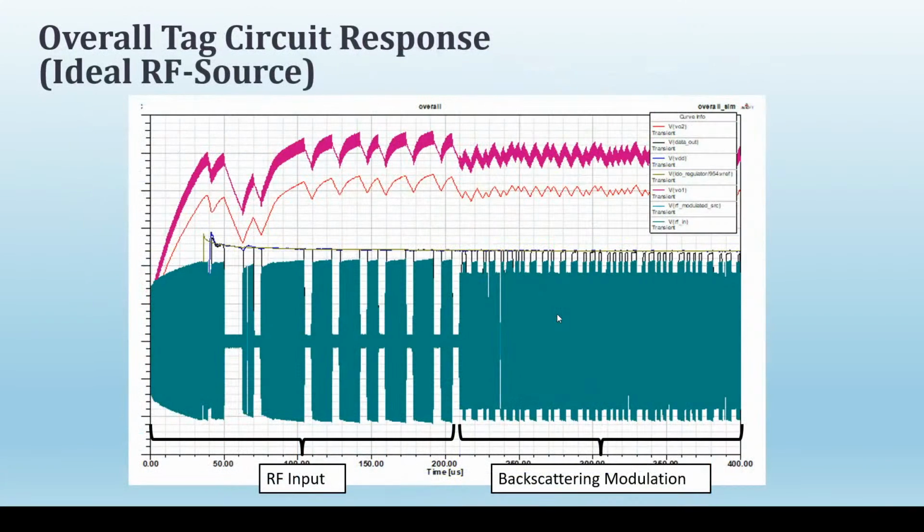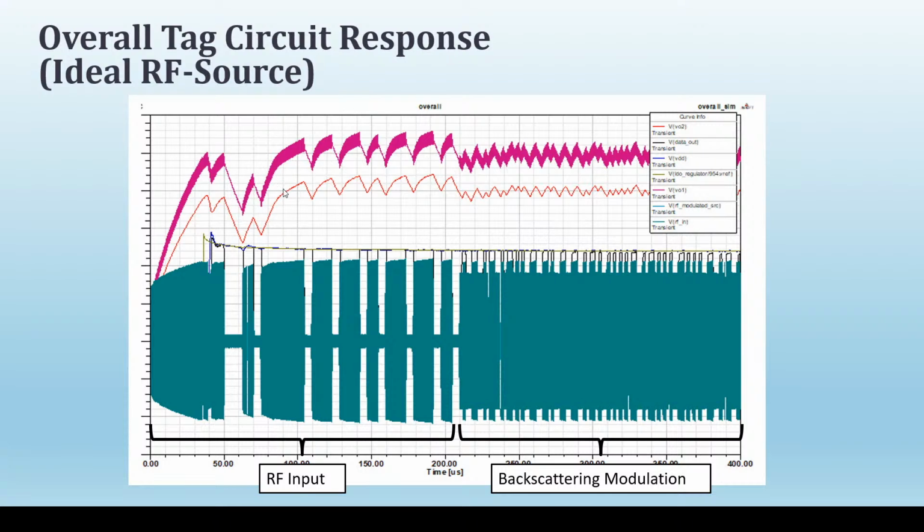And here is our overall test circuit response. We have our RF input here, and we have our backscatter modulation, and on the top here, the cyan curve is the RF input signal to the tag.